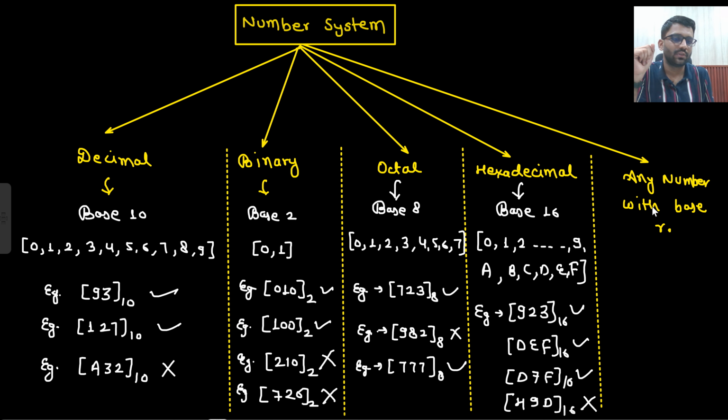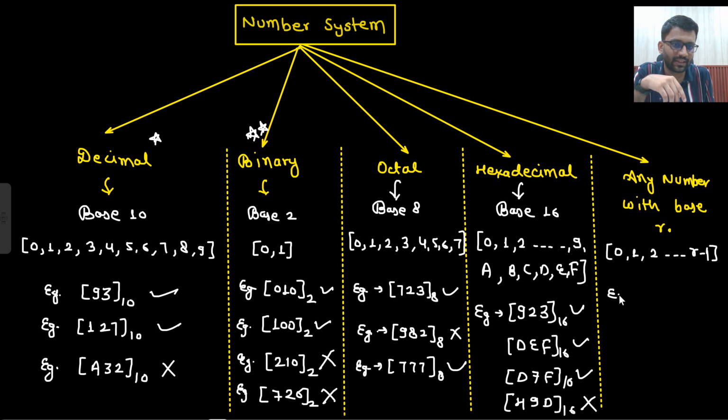So if base R is there, these are the most important ones: decimal, binary, octal and hexadecimal. In those, only these two are important. If we are studying digital circuits, then binary is more important. If you are studying mathematics, then decimal is more important. If base R is there, then the digits will start from 0, 1, 2 till R minus 1.